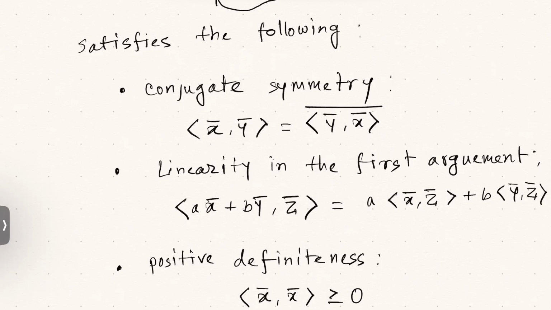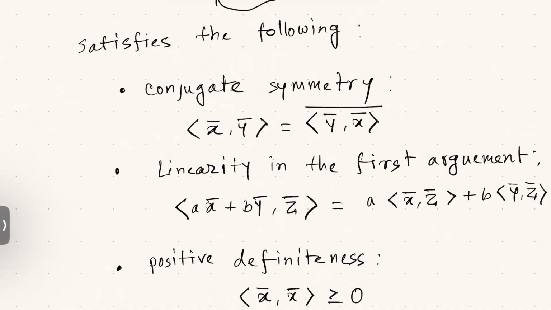Would your reason be valid if we took linearity in the second argument? Yeah, you can consider that. I mean, you can consider either the first slot or the second slot. What is the meaning of conjugate in the context of an arbitrary field?